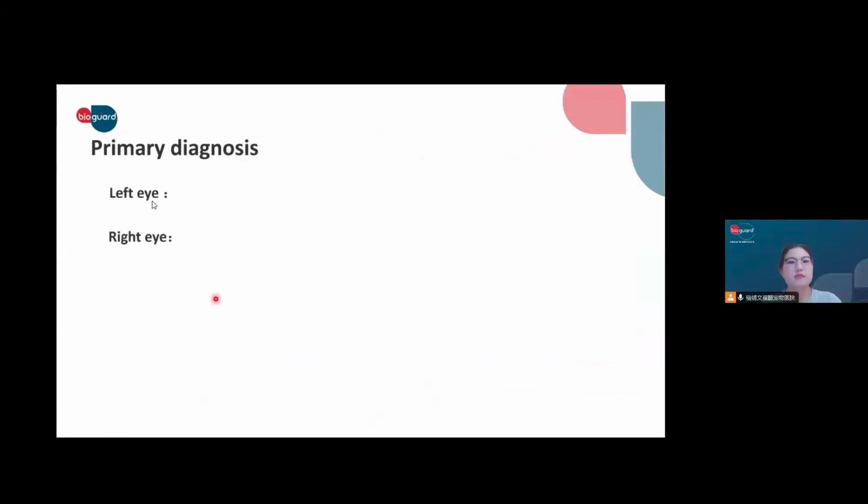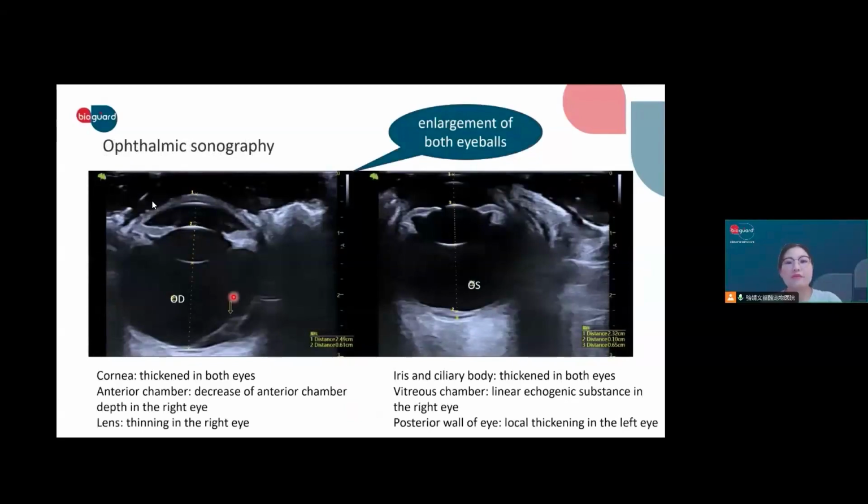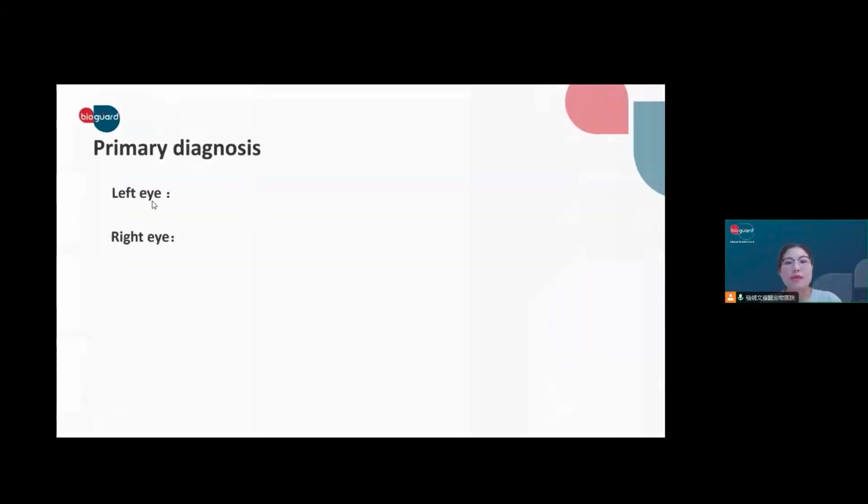Okay, by this time, based on all of these ophthalmic examination results, could you give the primary diagnosis?